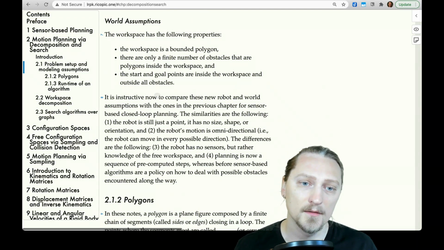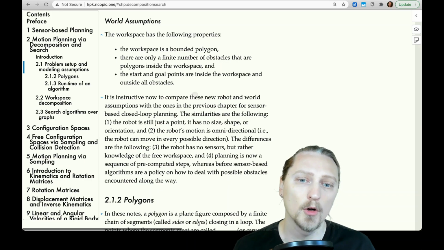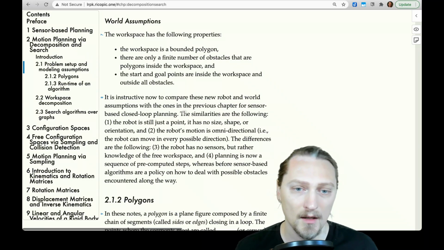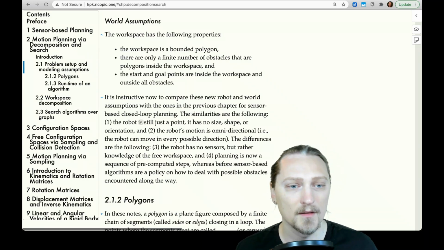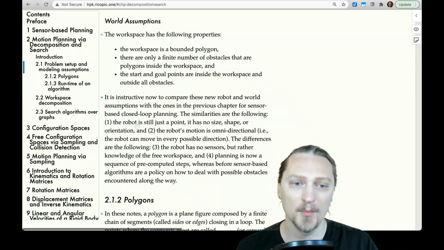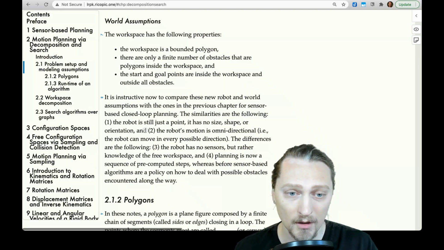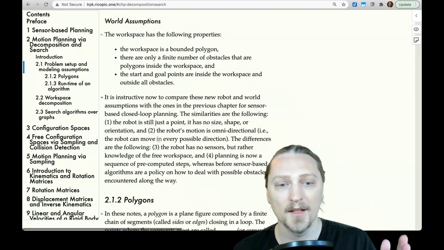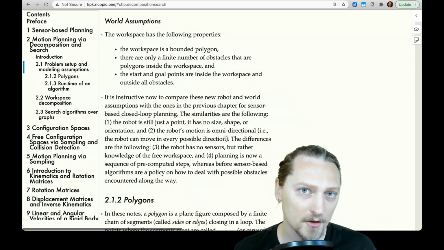It is instructive now to compare these new robot and world assumptions with the ones in the previous chapter for sensor-based closed-loop planning. The similarities are the following. 1, the robot is still just a point. It has no size, shape, or orientation. And 2, the robot's motion is omnidirectional, i.e. the robot can move in every possible direction.